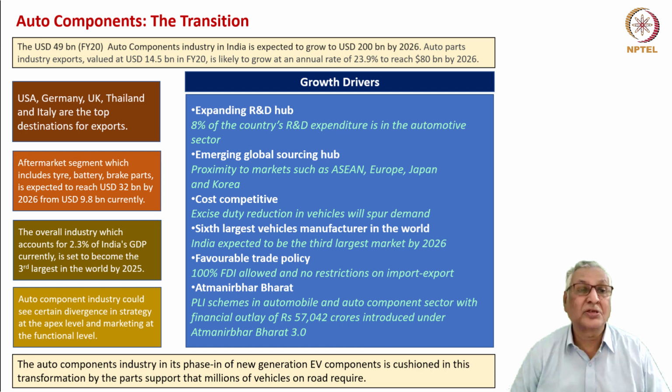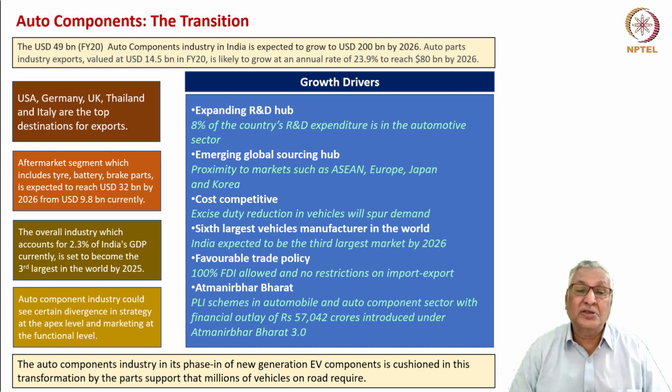The growth drivers for this transformation of becoming a $200 billion industry by 2026, which is very ambitious, are the following. One, expanding the R&D hub. 8% of the country's R&D expenditure is in the automotive sector, and this needs to be doubled.